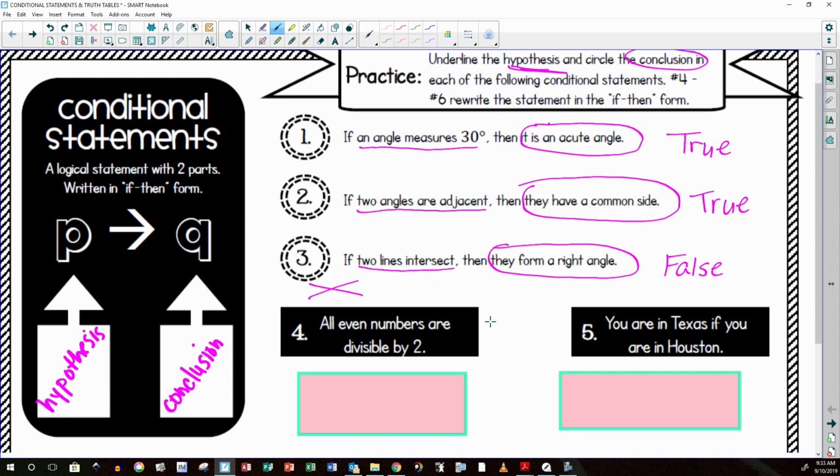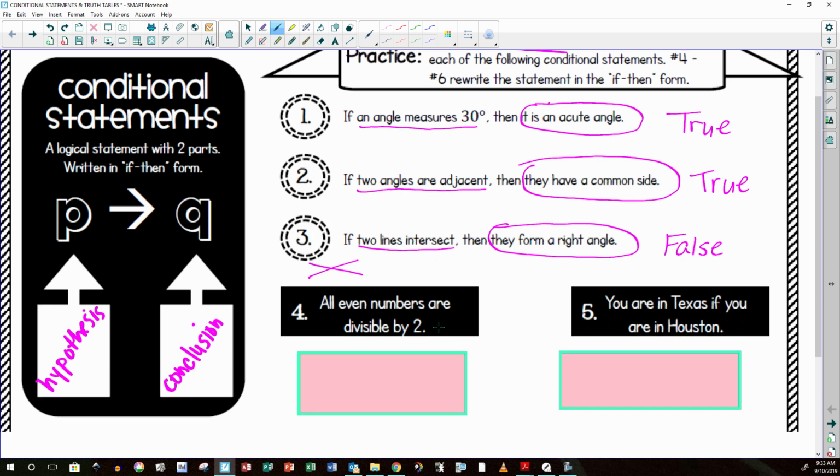All right, so now you can take a statement and you can convert it into if then. So for example, if I said all even numbers are divisible by 2, how could you write it so that it would say if blah blah blah, then blah blah blah? All even numbers are divisible by 2.